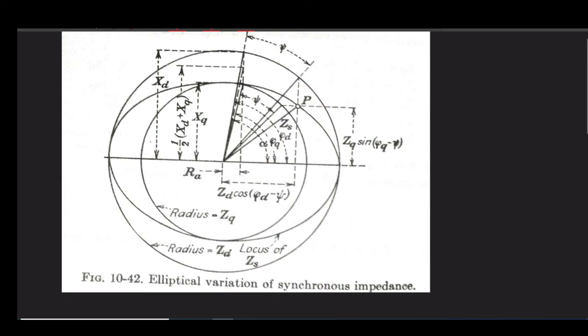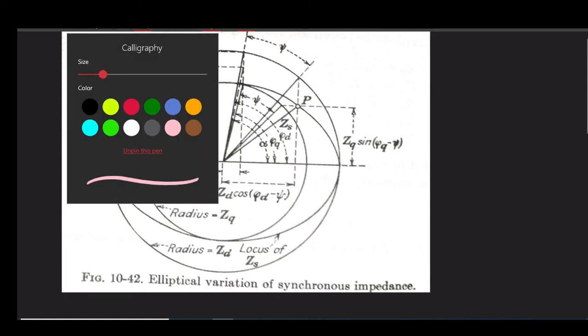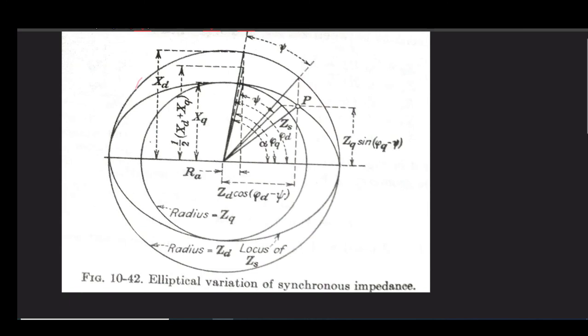It is interesting that this one, the outer circle, is indicating your maximum value xd, right?